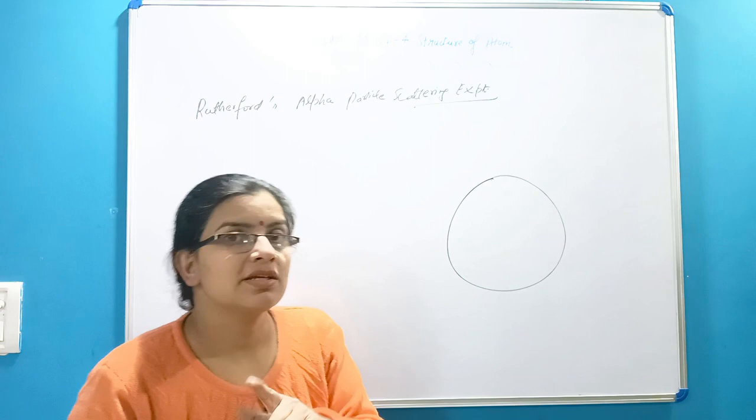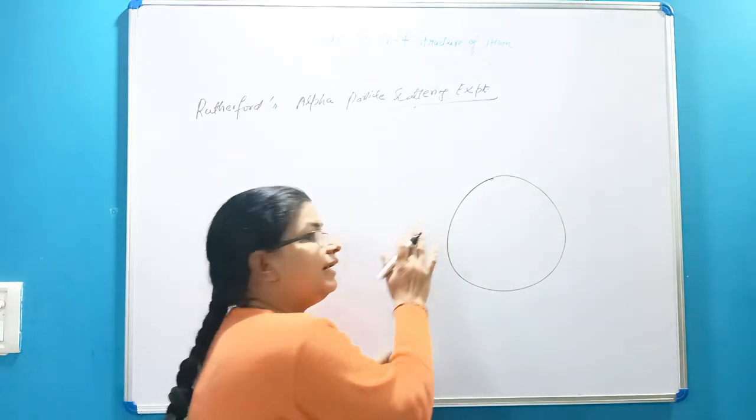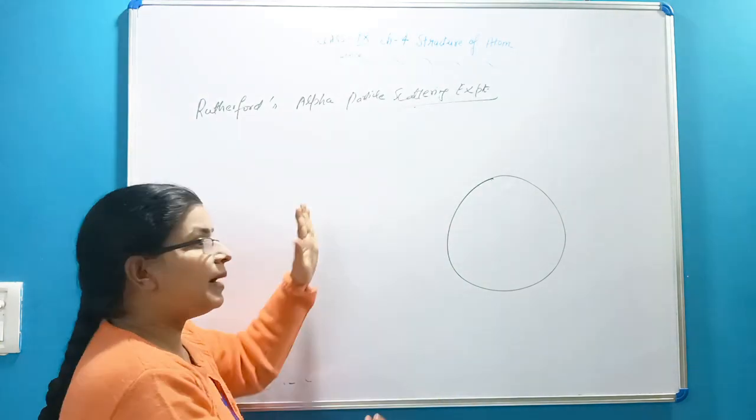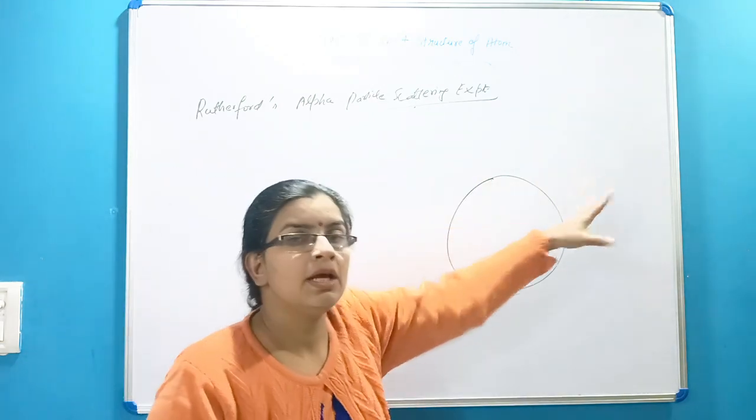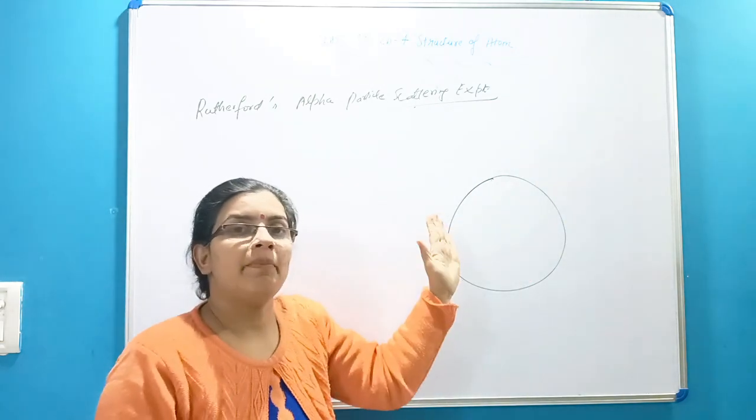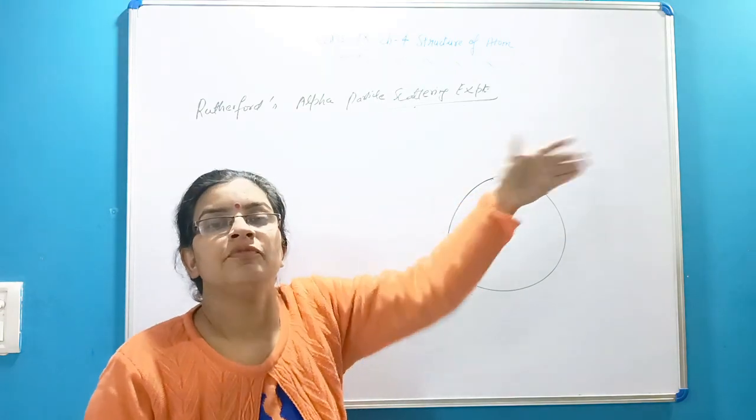But what happened here? When he made alpha particles fall on this gold foil, most of the alpha particles passed straight through the atom without any deflection.